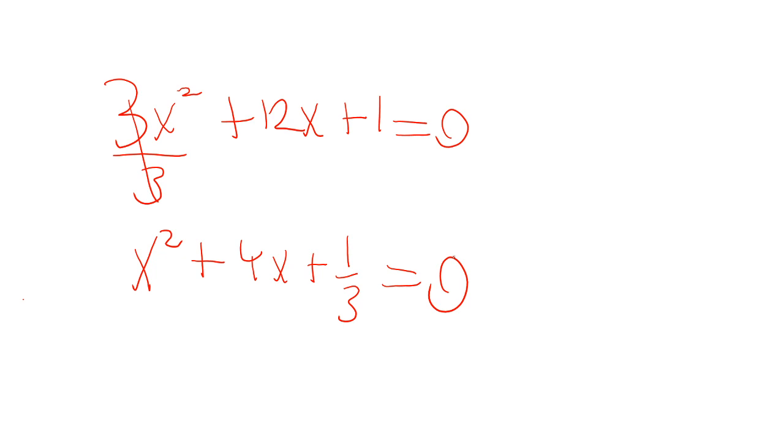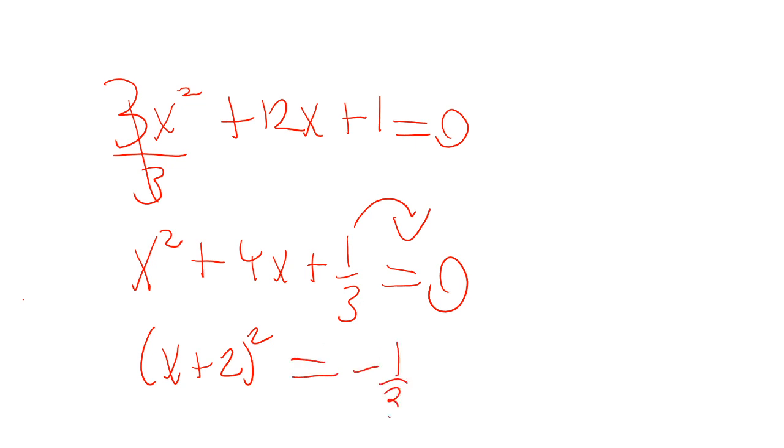Now we have a quadratic that we know how to deal with. x squared plus 4x can be written as a square of binomials, (x + 2) squared, which is x squared plus 4x plus 4, an extra 4. We also need to bring the 1/3 to the other side.